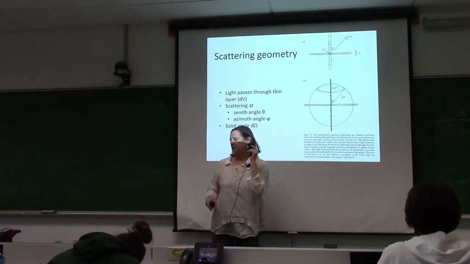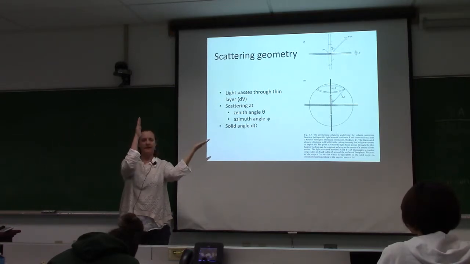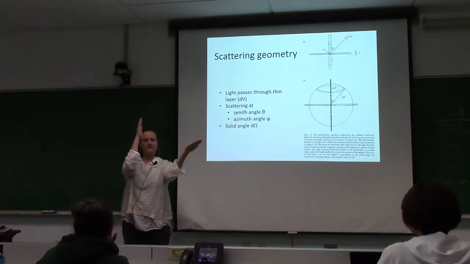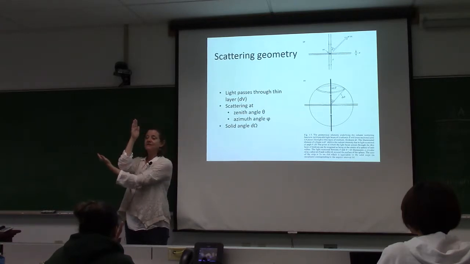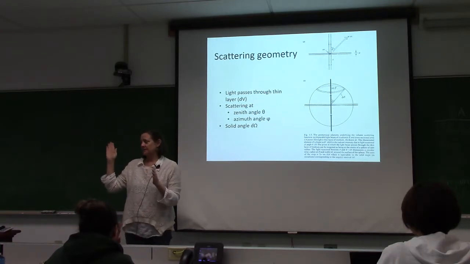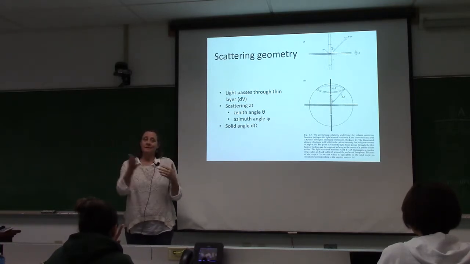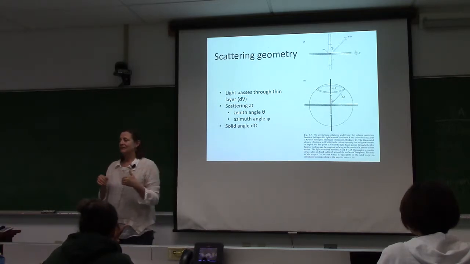So if we think in terms of scattering at this angle, are we also thinking about this angle, and this angle, and this angle? Because they're all at the same zenith angle, but they're at very different azimuth angles. And we often assume an azimuthal symmetry because it makes the math easier, but in the ocean, we can't.